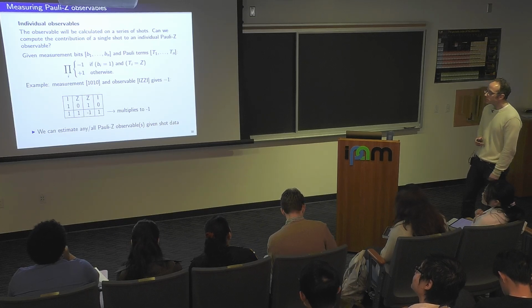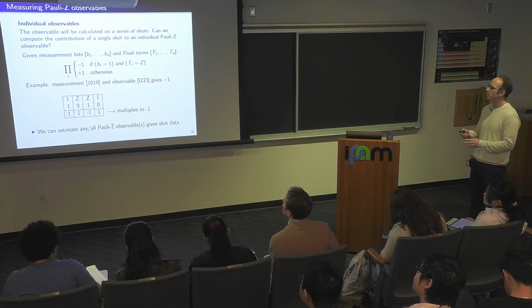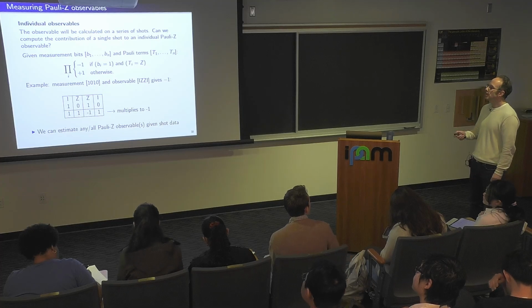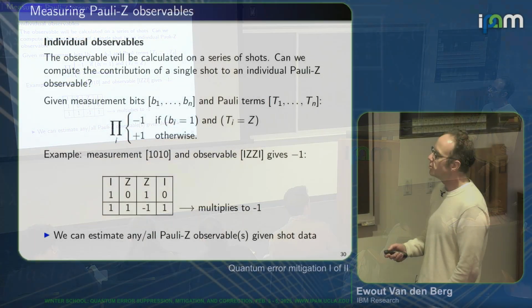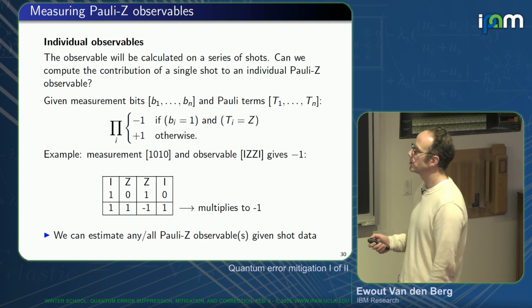Okay, so if you measure an observable expectation value, right, you take a whole bunch of shots and you calculate the contribution of each individual Pauli Z observable given the shots, right?